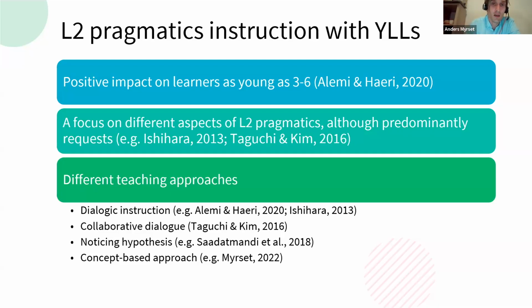So different approaches have been tried out, but we're still not at a stage where we can say that one seems to be more conducive to learning than others, which, if anyone is interested in doing research within our field, means the door is wide open to try out different aspects of pragmatics.